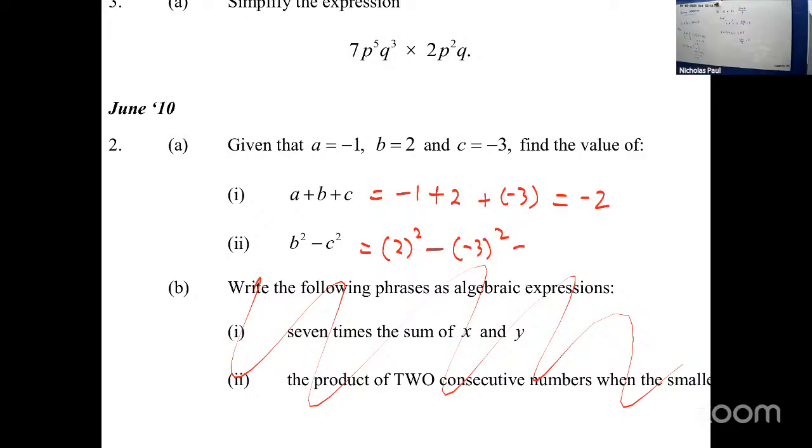When you square the 2, you get 4. When you square the minus 3, you get 9. 4 minus 9 is minus 5. You have to square first before you apply the minus sign on the outside. All this is fine, like a binary operation. So this is just like it; they just didn't give you the operation.